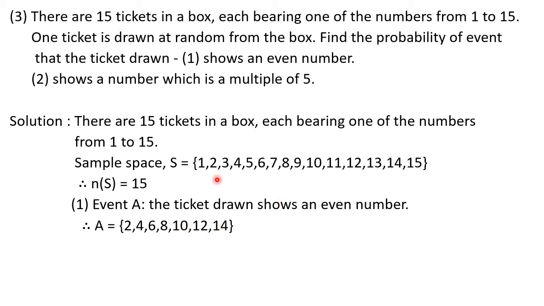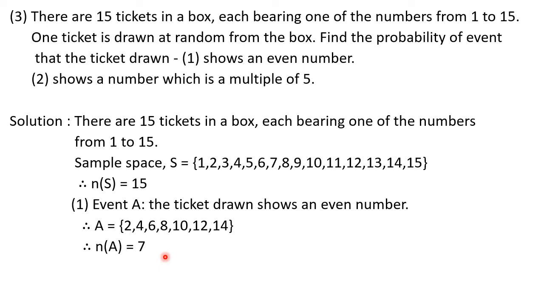Now see, while writing the sample space you can skip numbers, but while writing the sample points for the event, you have to write down all the numbers: 2, 4, 6, 8, 10, 12 and 14. So here we have 7 sample points in this particular event. So N of A is 7.